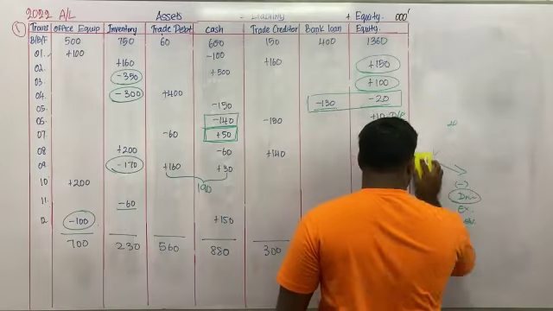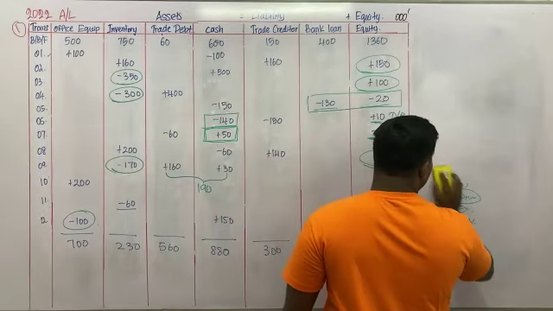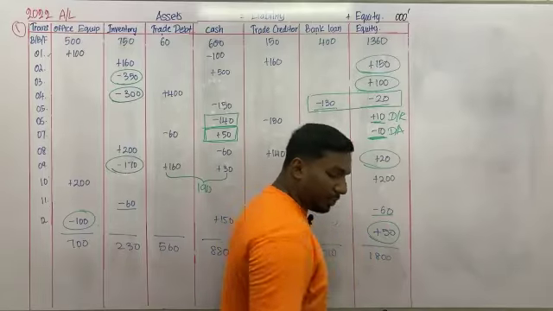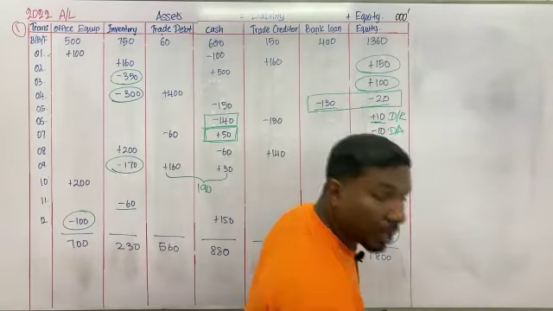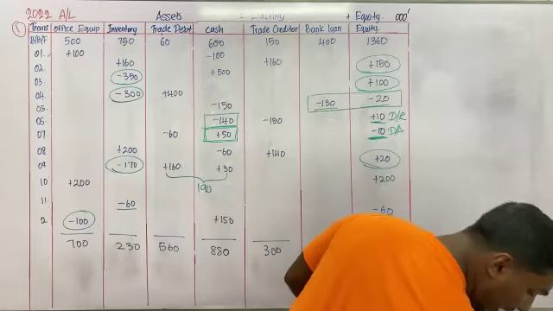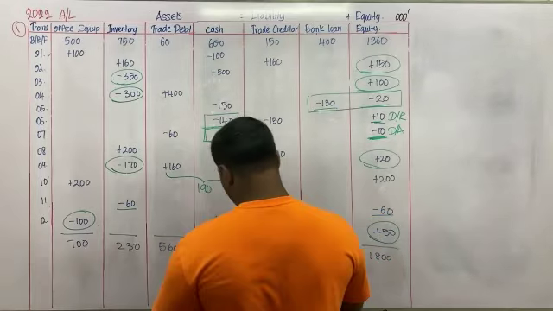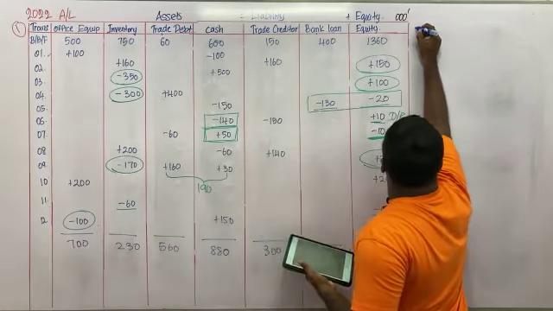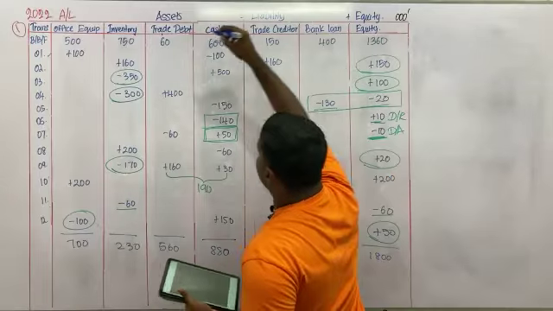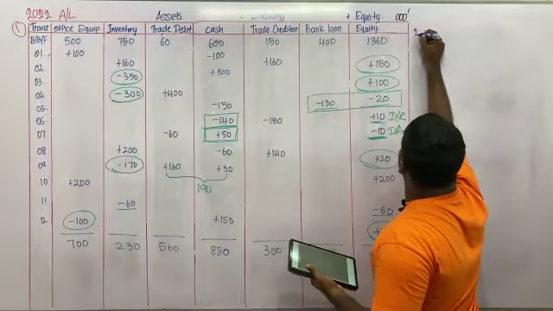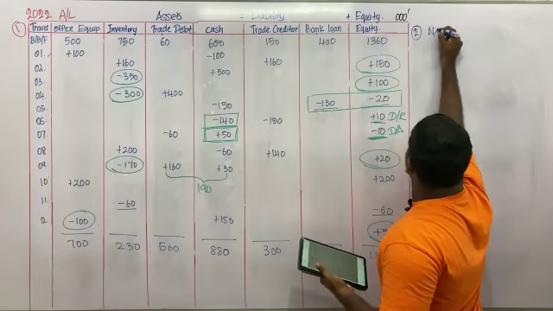After that, what we have to do, we have to calculate the net profit based on the net asset basis. So that will be question number 1 and question number 2, net profit.